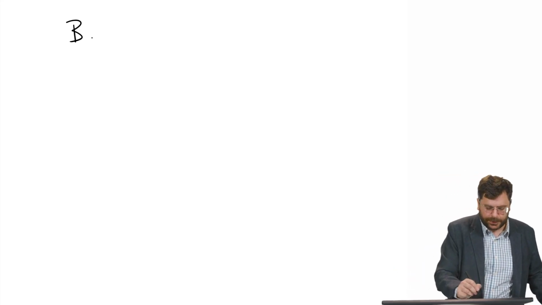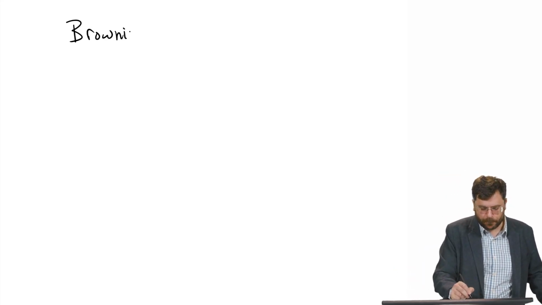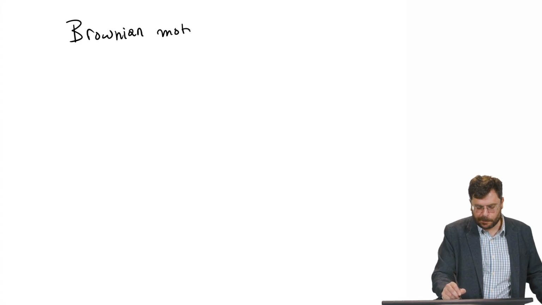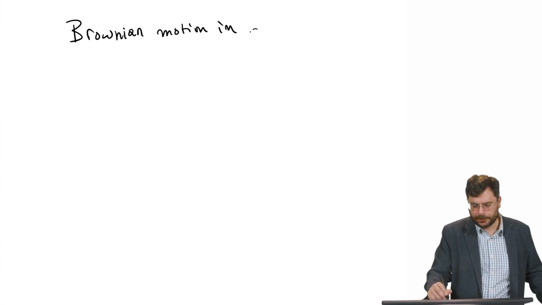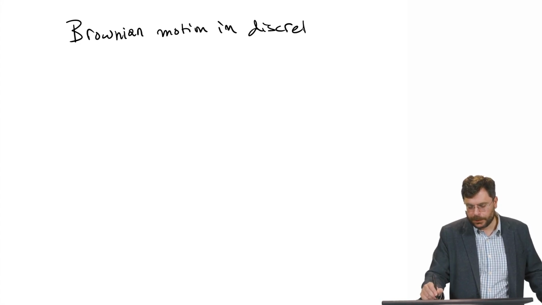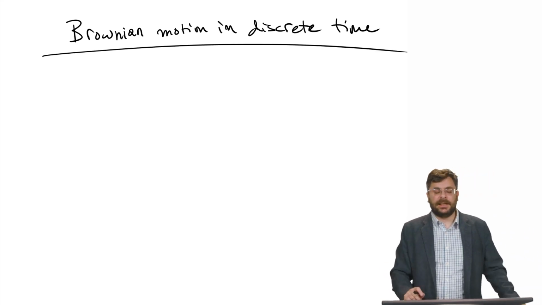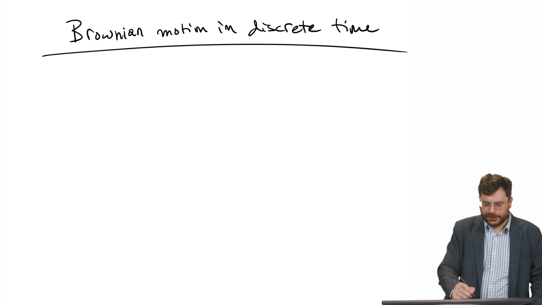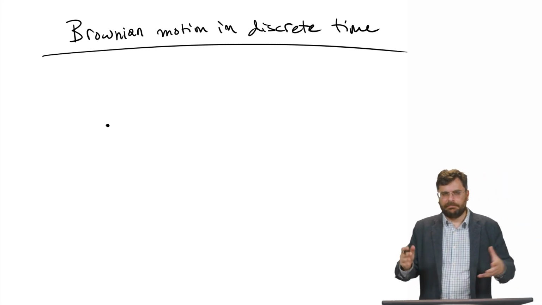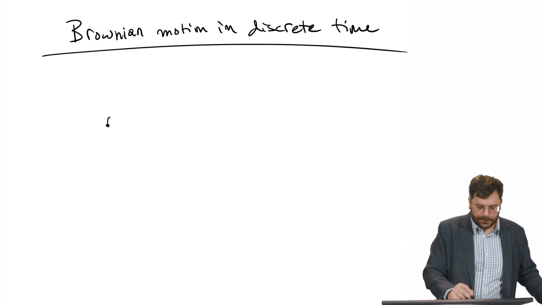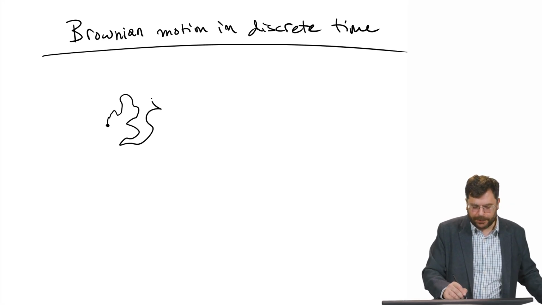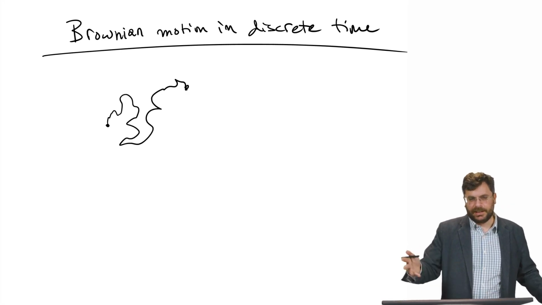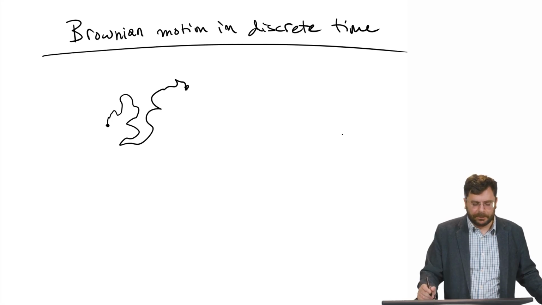So, as another example, I'd like to discuss Brownian motion in discrete time. And Brownian motion is the random motion of a particle.